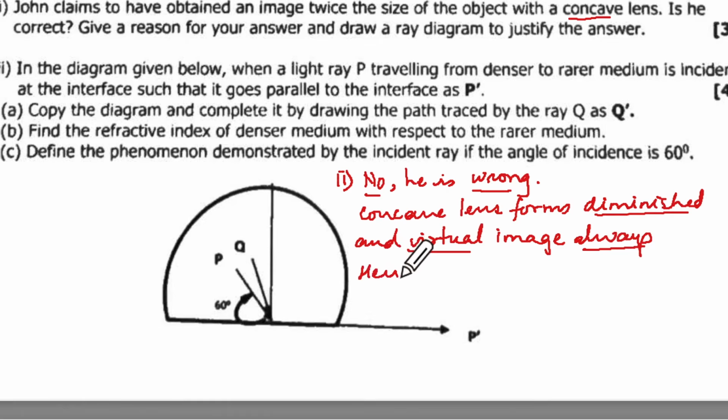Hence, he cannot obtain a magnified image.